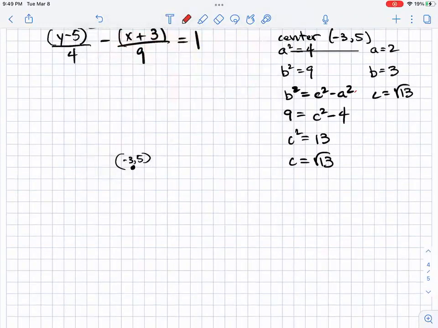So I've got my x-axis, or my y-axis, sorry. My x-axis is going to be 1, 2, 3, 4, 5.